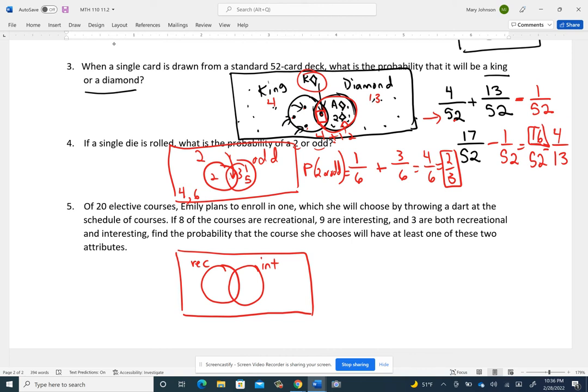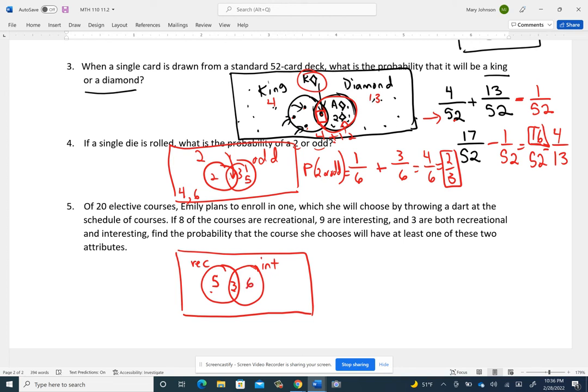Okay, so do you remember when we completed those Venn diagrams in chapter 2? 3 are both. Okay, 8 are recreational, so that means there's 5 others besides, 8 all total in that circle, the 3 that are both, but then 5 additional ones. And similarly, within the interesting circle, we have to have a total of 9.